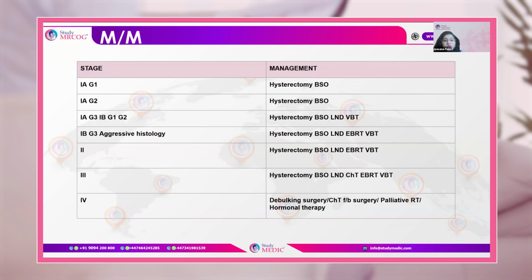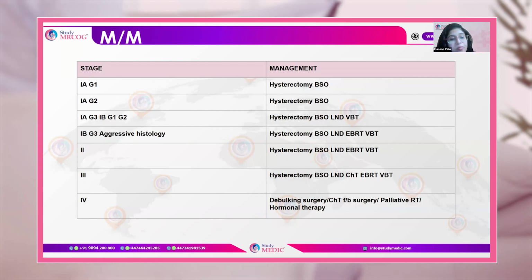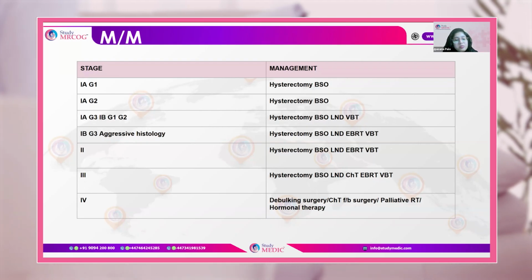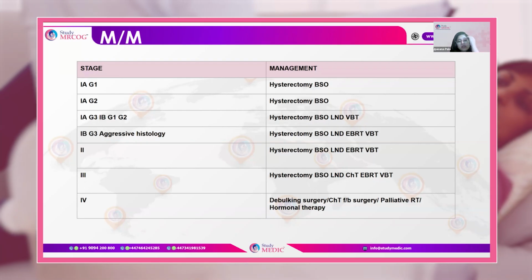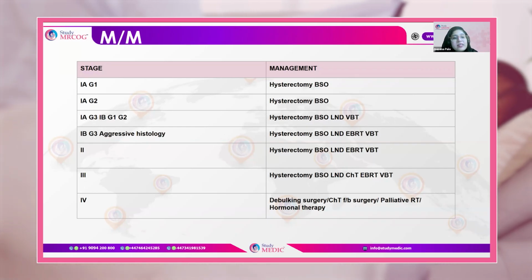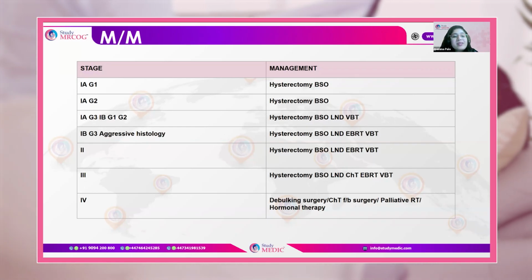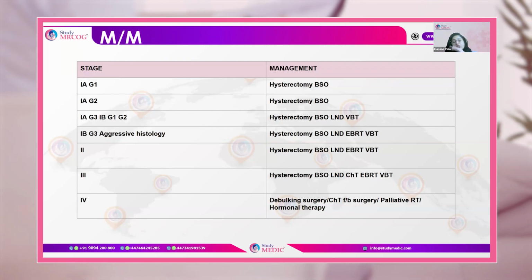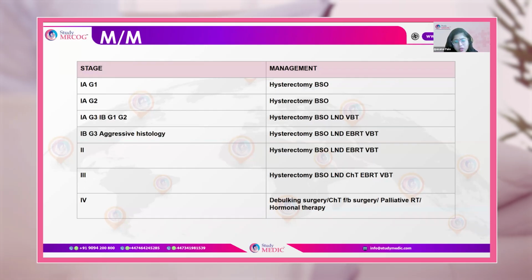You can only do away with lymph nodal dissection in stage 1A; from 1B onwards, you have to do lymph nodal dissection. Please remember, these are all as per the earlier staging, where 1A is less than 50% and 1B is more than 50%, not the newer staging. This management is entirely based on the earlier staging that we follow.